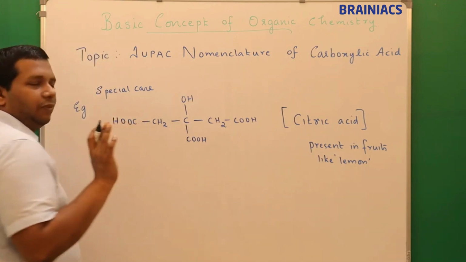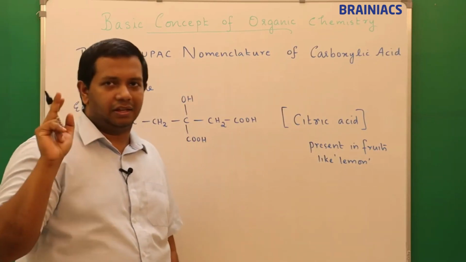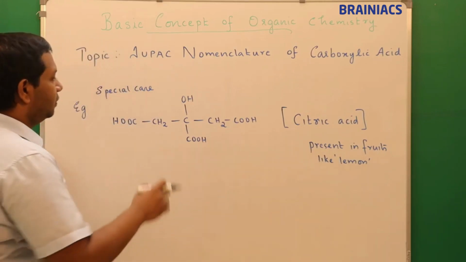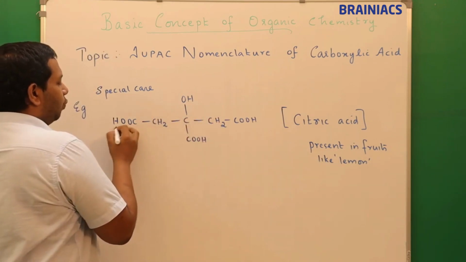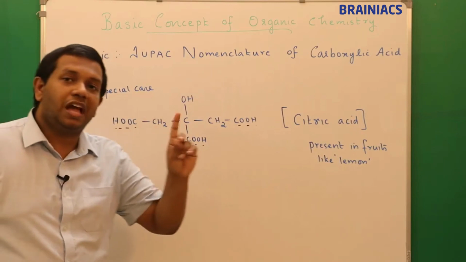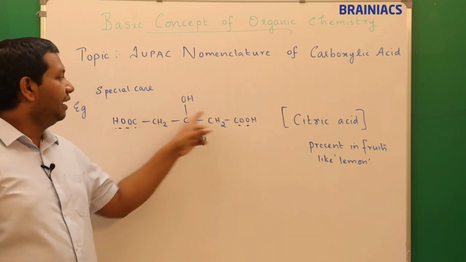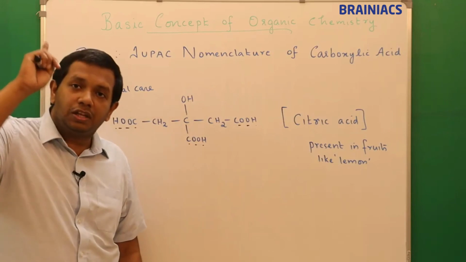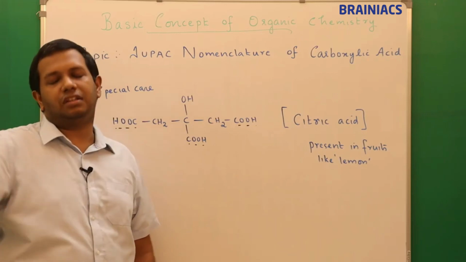What are the carbon containing functional groups? Carboxylic acid, COOH, cyanide, CN, then CHO, aldehyde. These are carbon containing functional groups. So if this is part of the parent chain, how many are there here? There is another one, there is another one. So it states that if there are more than 2 carbon containing functional groups present in the parent chain, then none of the carbon of those functional groups are included in the parent chain.